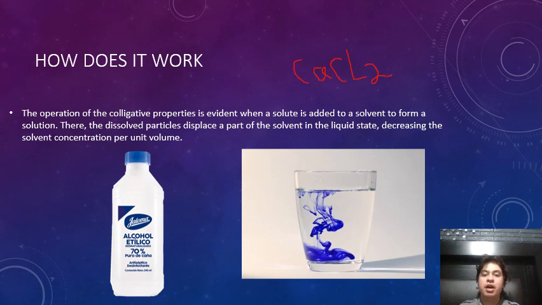On the other hand, if we dissolve table salt, sodium chloride, NaCl, we will obtain one particle of sodium and one particle of chloride.